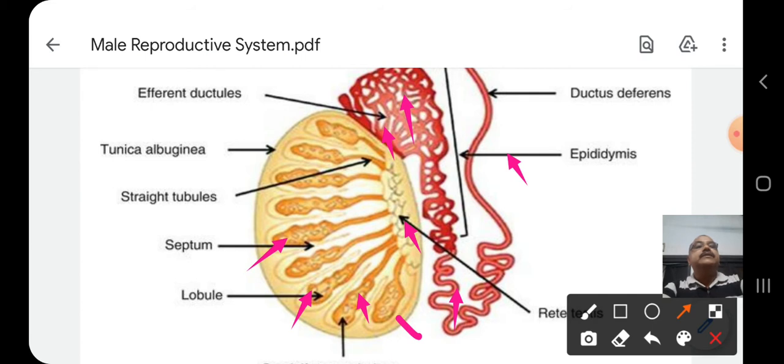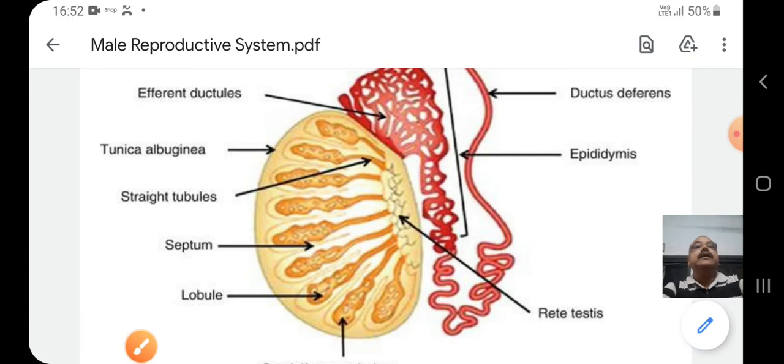The epididymis is a convoluted tubule, and the head region is much more convoluted, and from the base region the ductus deferens emerges out.